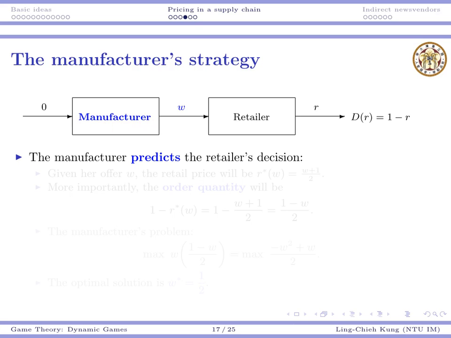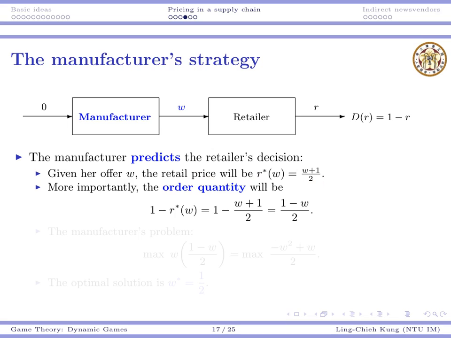The manufacturer now knows how the retailer will do. So given W, the retail price must be this. So as a manufacturer, I can calculate the equilibrium order quantity. I don't really care about how much money the retailer earns, but I care about how many units the retailer buys from me. So 1 minus R star is the equilibrium demand, and that's the order quantity ordered by the retailer.